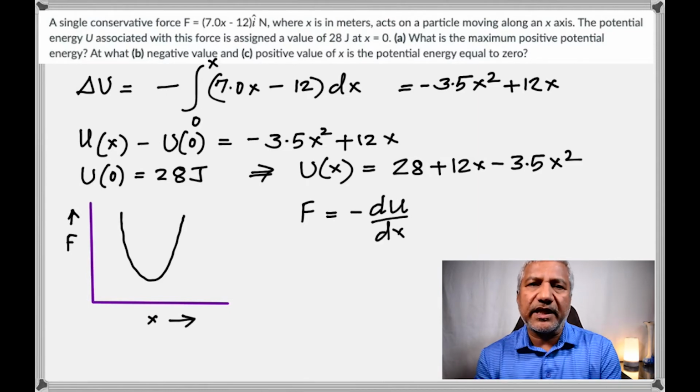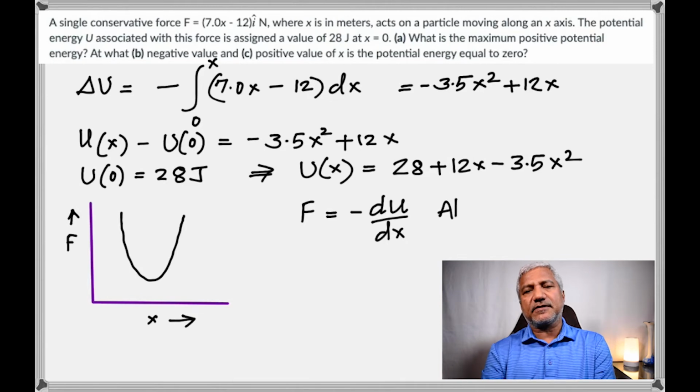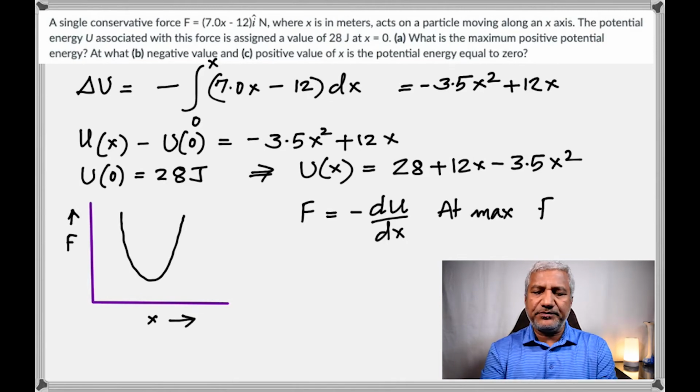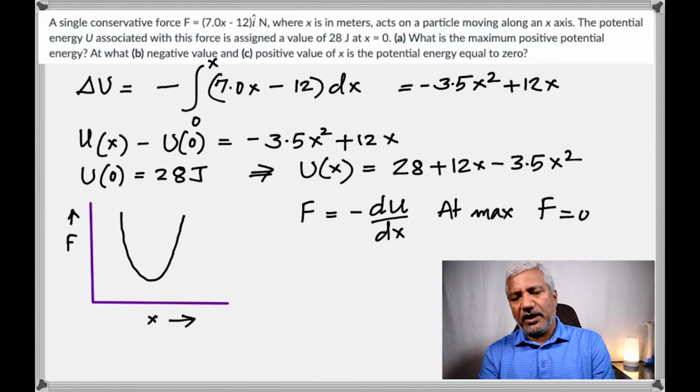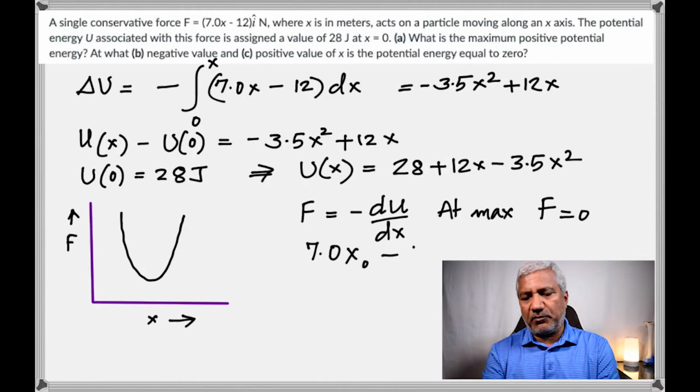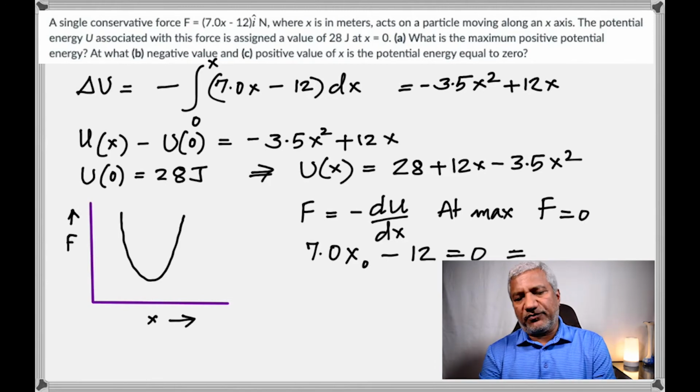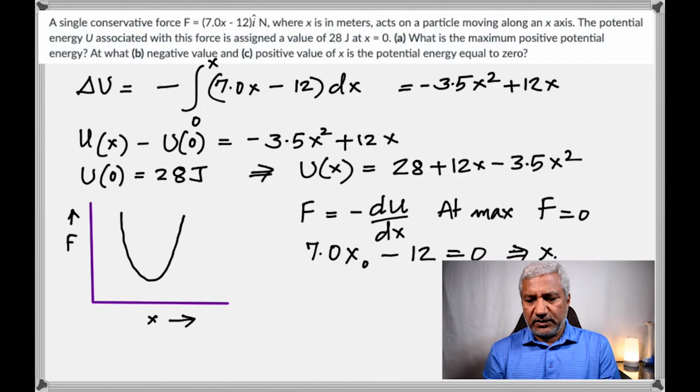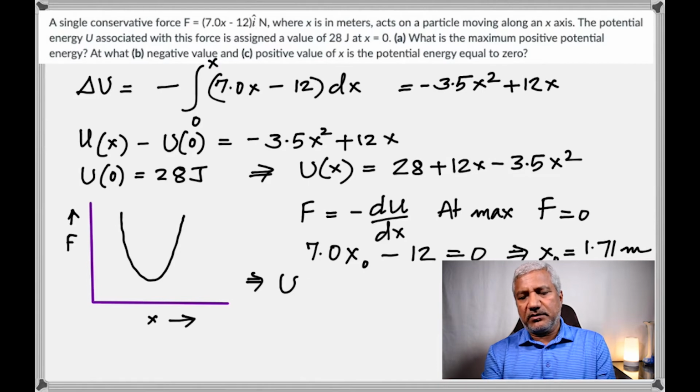Now F is equal to negative du by dx, and we know that at the maximum F is equal to 0. At the maximum, F is 0. Therefore, we set this equal to 0 and calculate x naught.